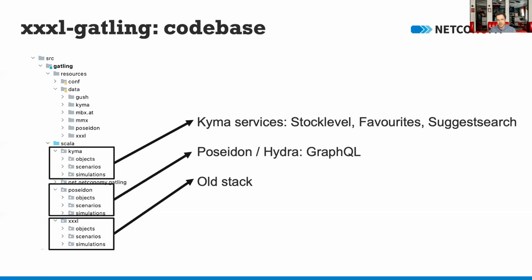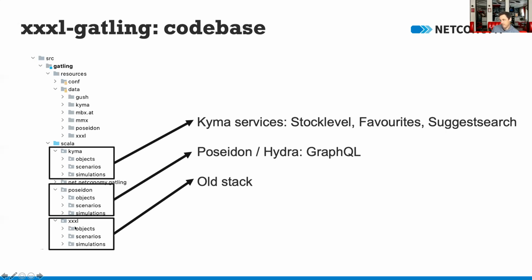I'll show you the command in one of the next slides. And then we have a scenarios folder where we define the scenarios, and there is an objects folder where we have the real HTTP requests set up and so on. At first look it looks a bit over-engineered, but if you have a deeper look, it's really nice to have it split up and really good to read the repository.